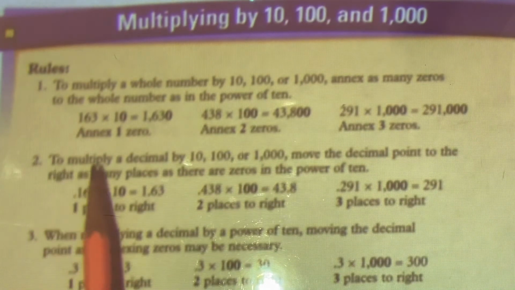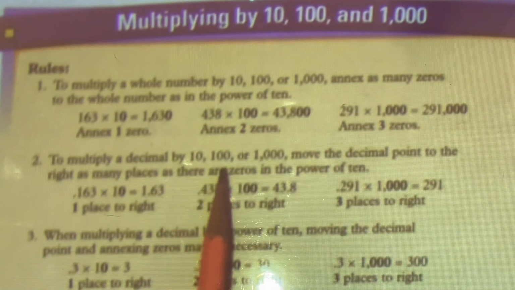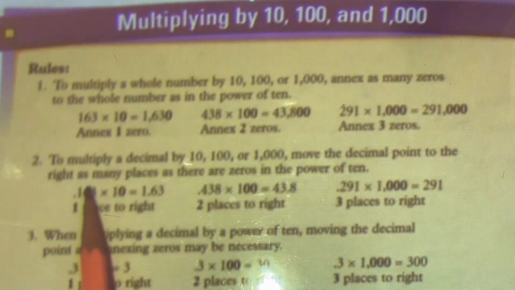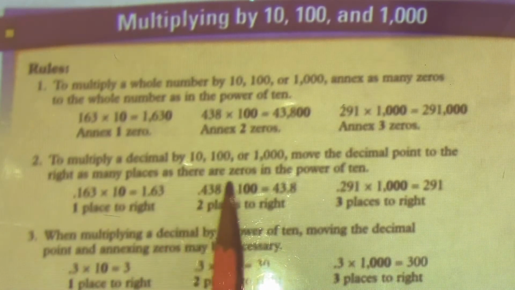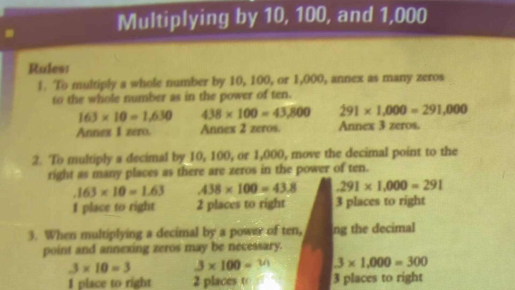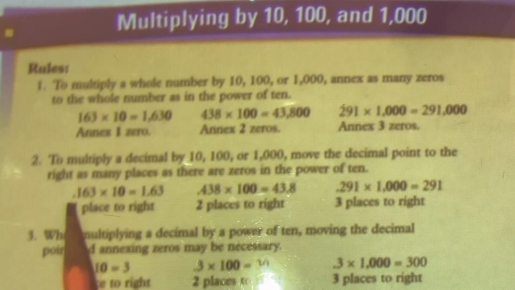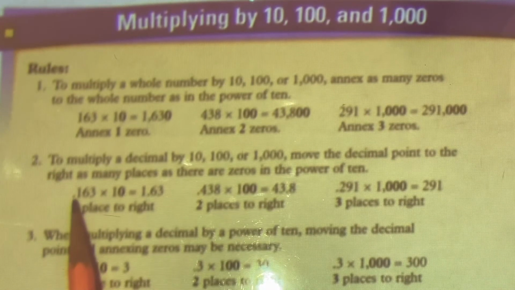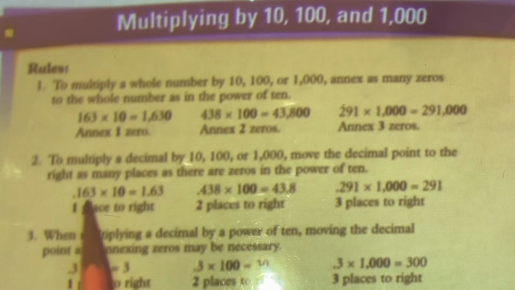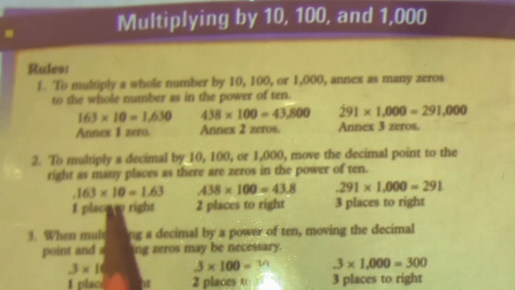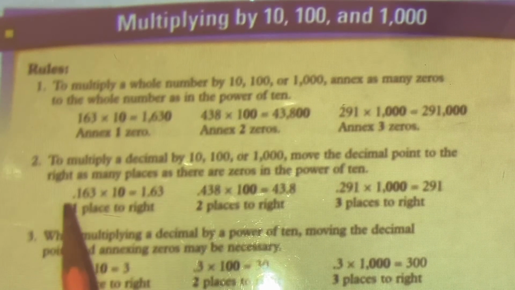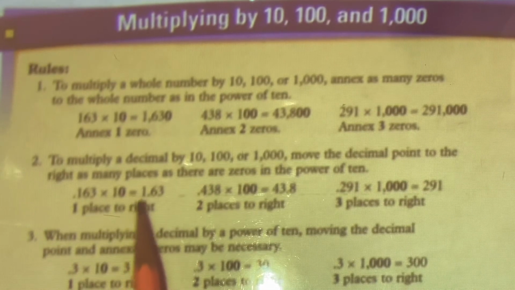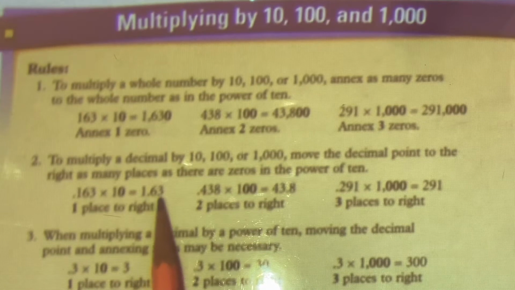Number 2, to multiply a decimal by 10, 100, or 1,000, you move the decimal point to the right as many places as there are zeros in the power of 10. Example, 0.163 times 10, we move the decimal point 1 space because we only have 1 zero. So we move the decimal point 1 place to the right, and that makes the number 1.63.